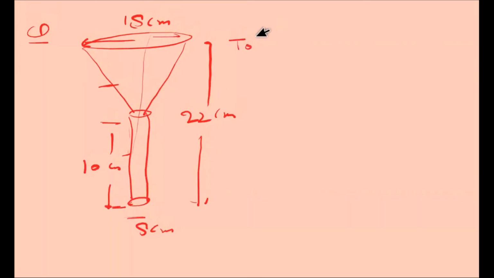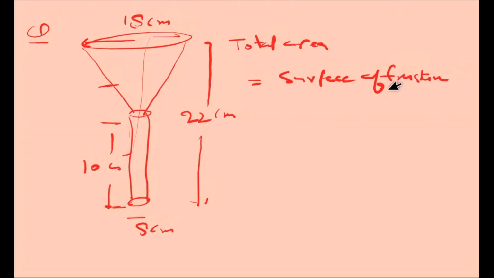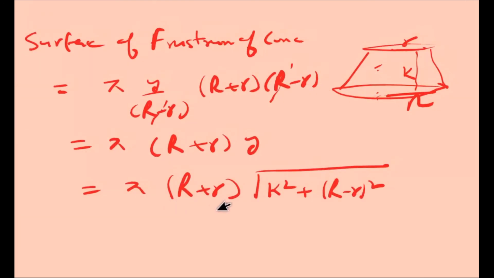The total area equals surface of the frustum of the cone plus curved surface of the cylinder. So what is the area of the frustum of the cone? We have noted the formula directly. You can note the formula from here: pi (R plus r) under root k square plus (R minus r) square.